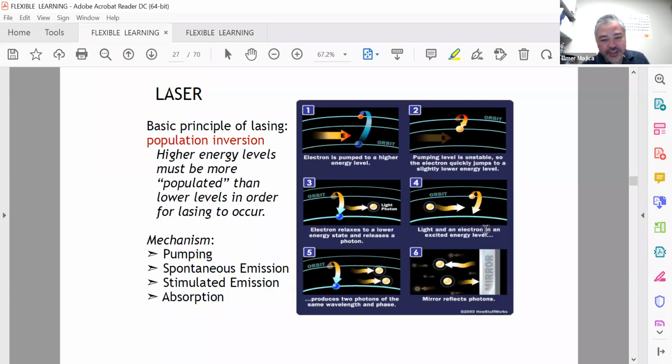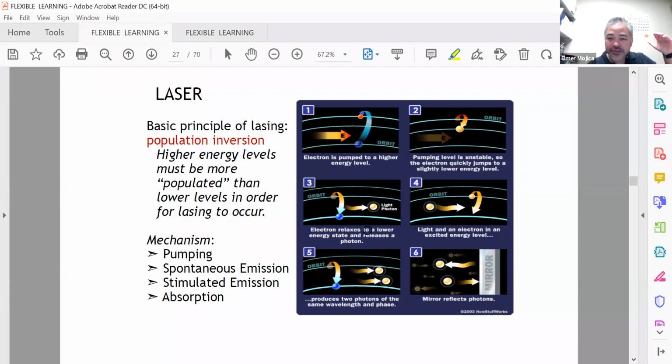Now, if you're going to look at the basic principle of lasing, it has something to do with population inversion. If you look at the mechanism here, the electron is pumped to a higher energy level. Now, the pumping level is usually unstable, so the electron quickly jumps to a slightly lower energy. When that happens, the electron relaxes to a lower energy state and releases a photon.